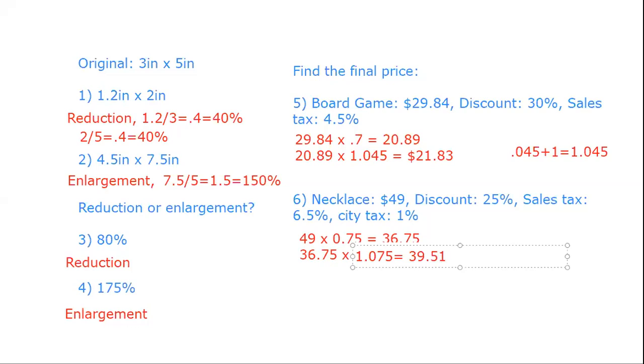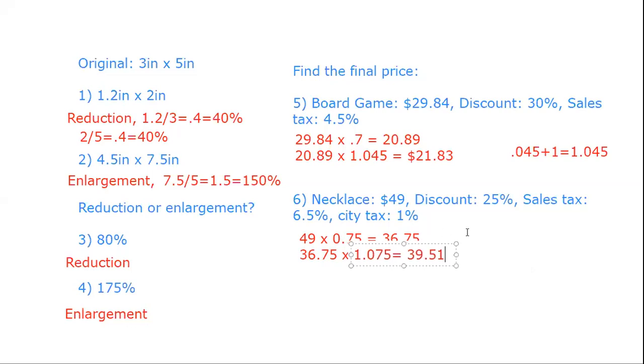Again, we're going to round it to the nearest cent every time, because this does have more trailing decimal points, like 0.50625. We just round it to the nearest cent.